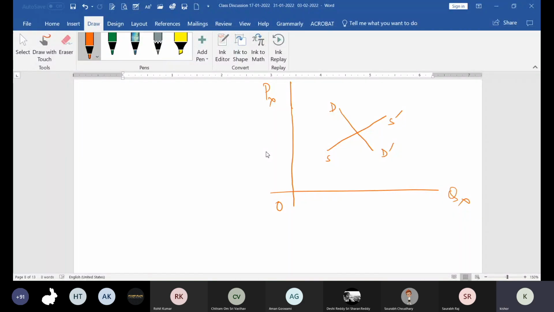The original equilibrium position is the same, you just proceed. Suppose this is P5, this is Q5, the original equilibrium position. Now here, suppose initially price increases from P5 to P6, price increase at time period T.